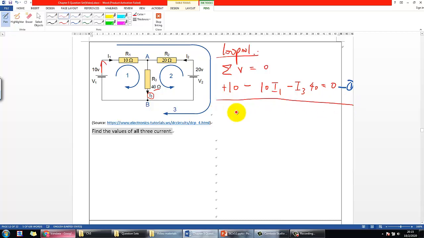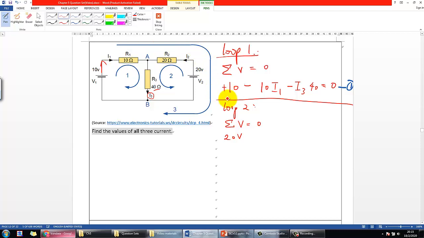Now let's do loop 2. Again I'll put down summation V equals 0, and for loop 2 you start with V2, which is 20 volts. By the way, our ultimate goal is to find I1, I2, and I3, all the values of the three currents.